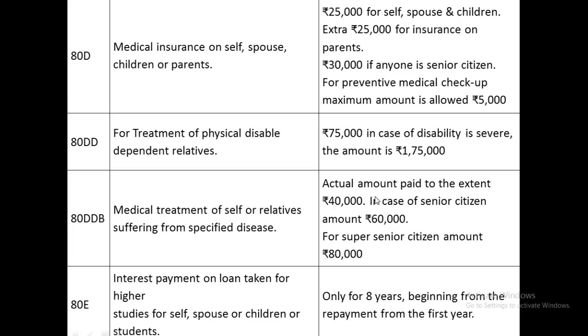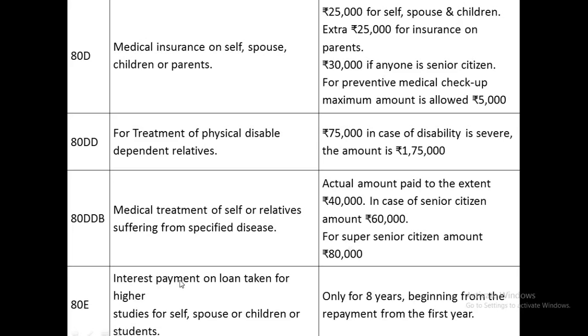The amount of deduction will be the actual amount of expenditure incurred or the government maximum limit, whichever is least. In case of citizens below 60 years, the maximum limit will be 40,000. In case of senior citizens but less than 80 years, the maximum limit will be 60,000. For super senior citizens, the maximum limit will be 80,000. Whichever is least will be taken as the deduction.